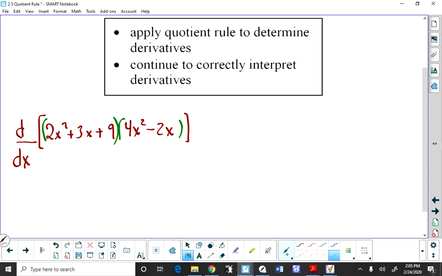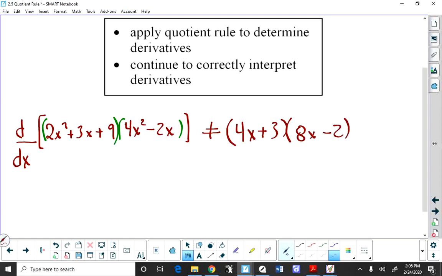We learned yesterday that what you are not allowed to do is just take the derivative of the first term, which is 4x plus 3, and multiply by the derivative of the second factor, which is 8x minus 2.